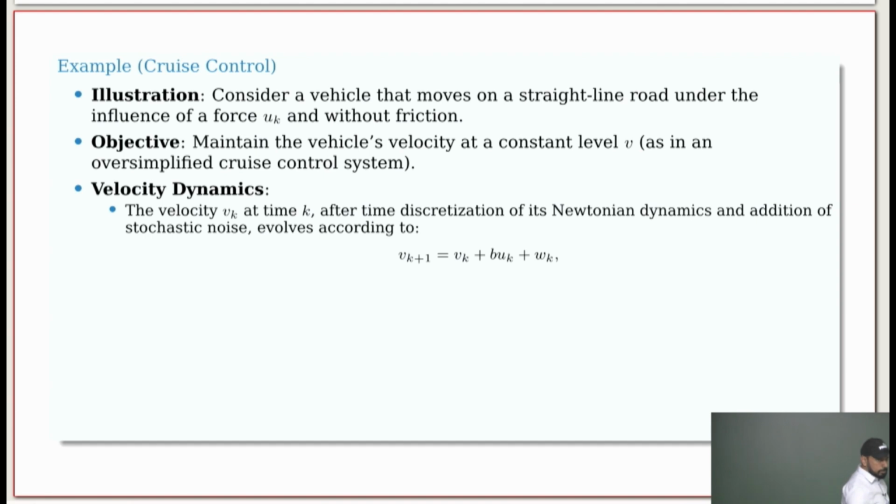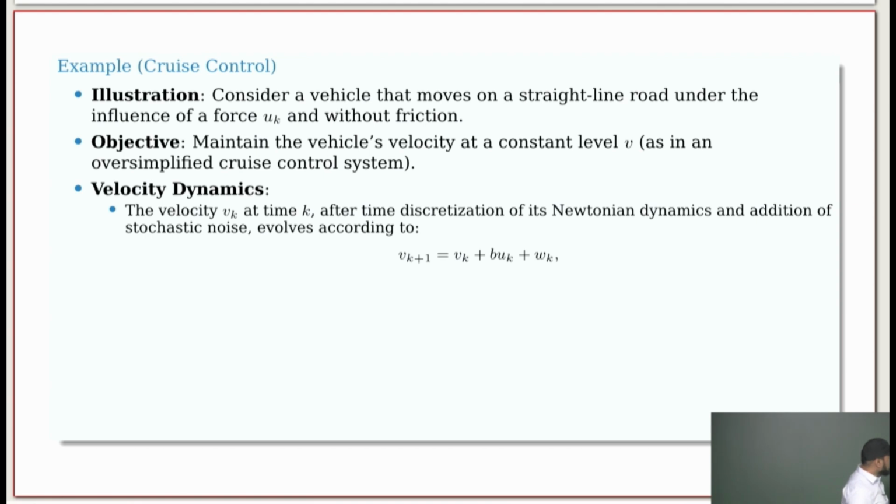We can say that these controls are applied in unit time everywhere, assuming that b uk is indeed the proportional velocity that we will get out of that. Then the disturbance that we have is wk, that could be some general disturbance. It could be some wind coming from the opposite direction that's slowing down the car, and so on.